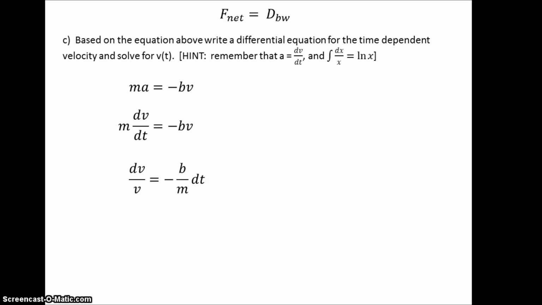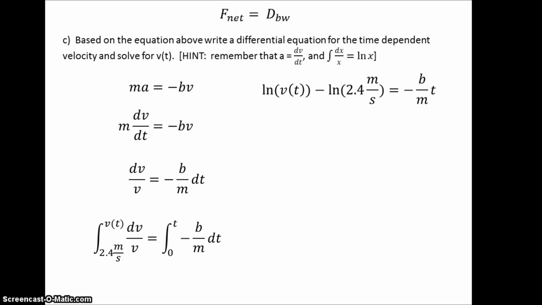I can divide both sides by m, and divide both sides by v. Then integrate from 2.4 meters per second to some velocity v of t in a time of 0 to t. And I get the natural log of v of t minus natural log of 2.4 meters per second equals negative b over m times t.